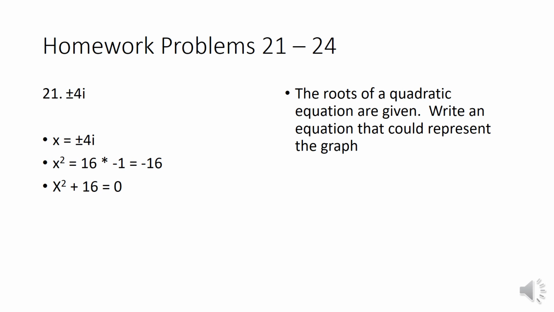If there is some equation where x squared plus 16 is equal to 0, then the roots of that equation are going to be plus or minus 4i. And you use the exact same procedure to solve the other homework problems 22 through 24. So please go ahead and solve those as well.